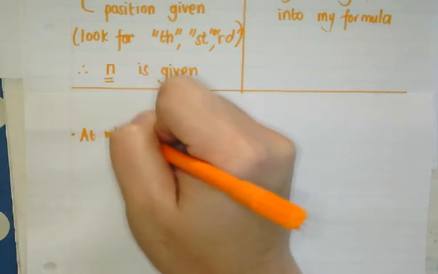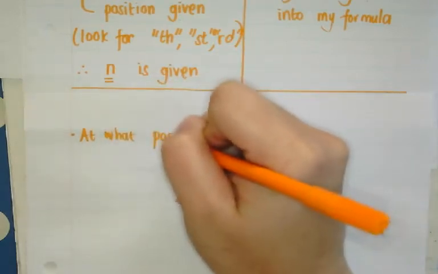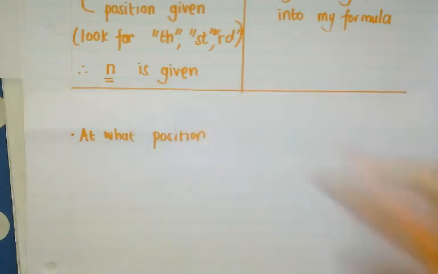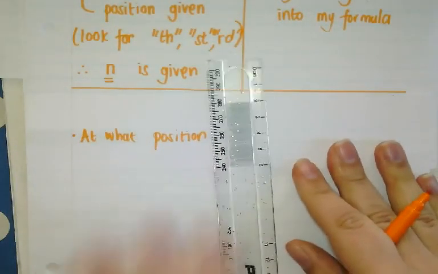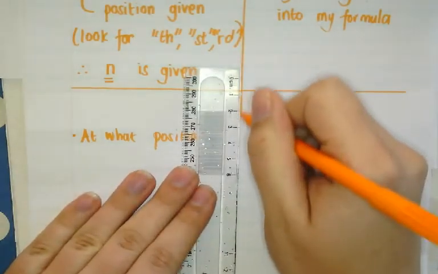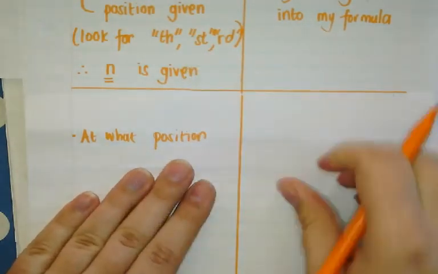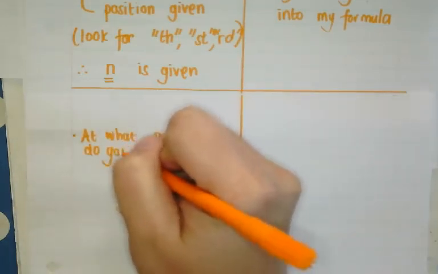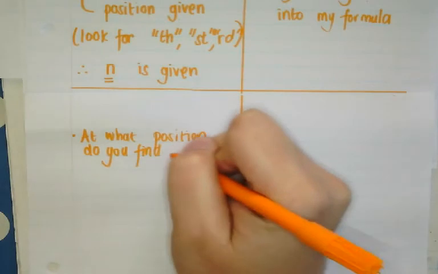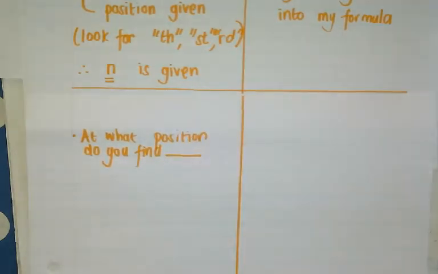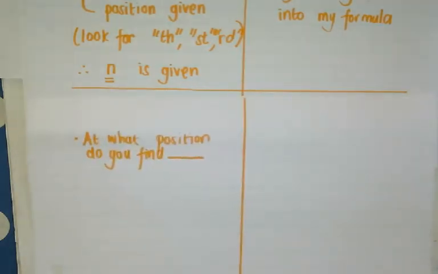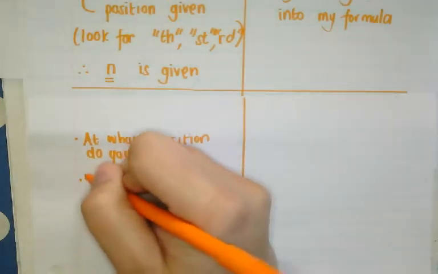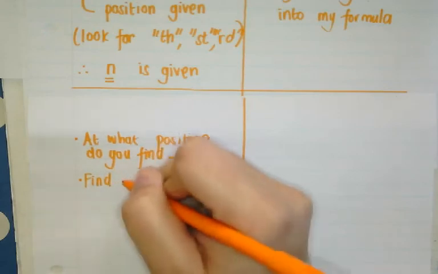At what position do you find? So the question was, what position do you find, whatever the number is? Or they could say, find the position of whatever the number is.